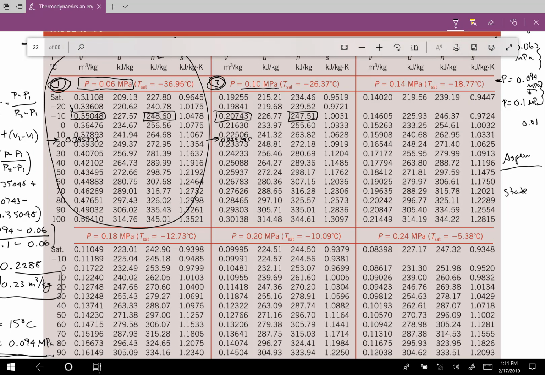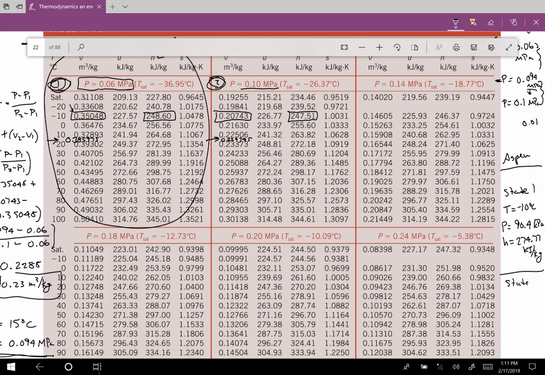So at state 1, for T equal to minus 10 degrees Celsius and P equal to 90.4 kilopascals, the enthalpy is 247.77 kilojoules per kilogram.